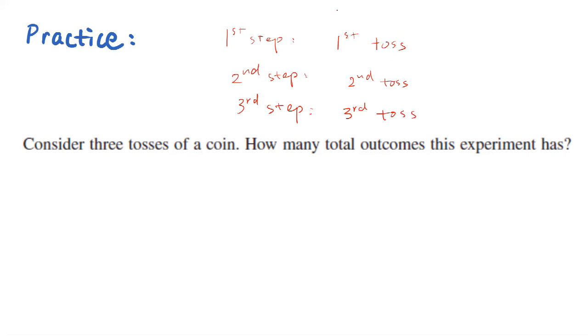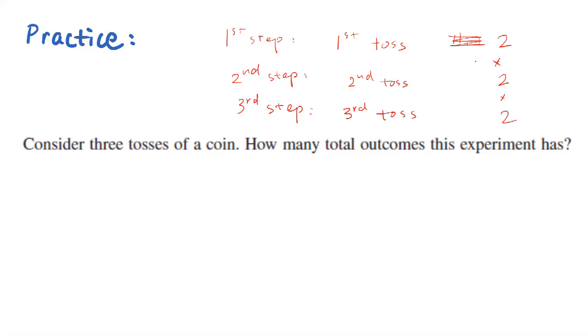So how many different ways can we finish the first toss? We can have either an H, that means head, or a tail, right? So there are 2 different ways to finish the first step, and another 2 different ways to finish the second step, and another 2 different outcomes in the third step.